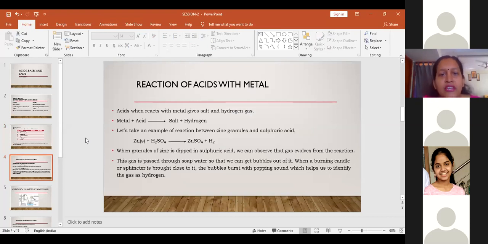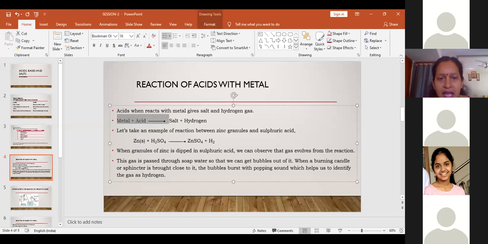That means we can use our senses to find out the differences between acids and bases. But right now, the characters that we are going to learn are related to the chemical nature of acids. I've written a few points here, basically the base reaction for metals reacting with acid.